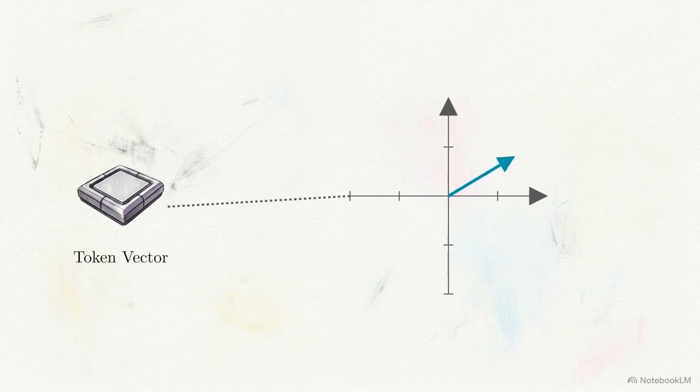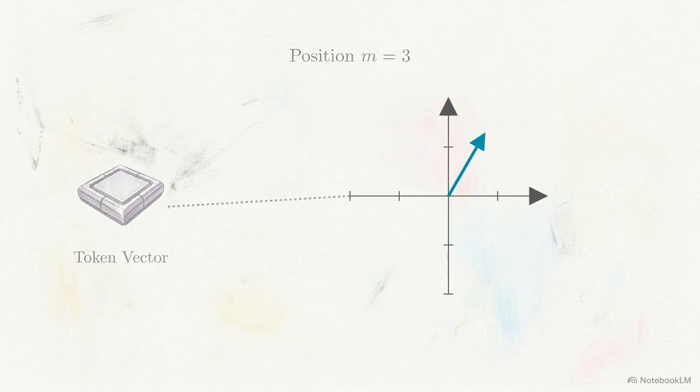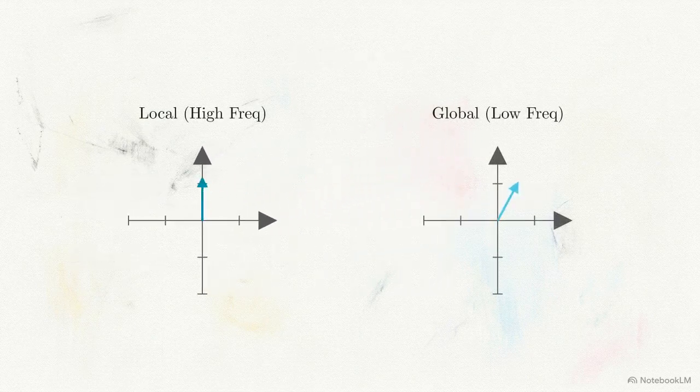Most modern LLMs use rotary position embedding, or RoPE, injecting positional data by physically rotating feature vectors on a 2D plane. RoPE treats dimension pairs as coordinates, where a token's position dictates its specific angular rotation around the origin. Rapidly rotating dimensions capture local differences between adjacent words, while slow rotations track global context.